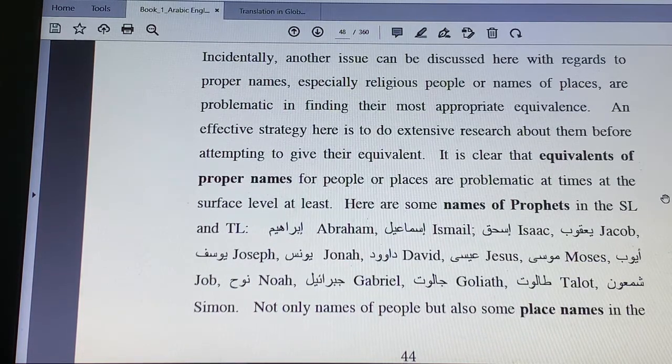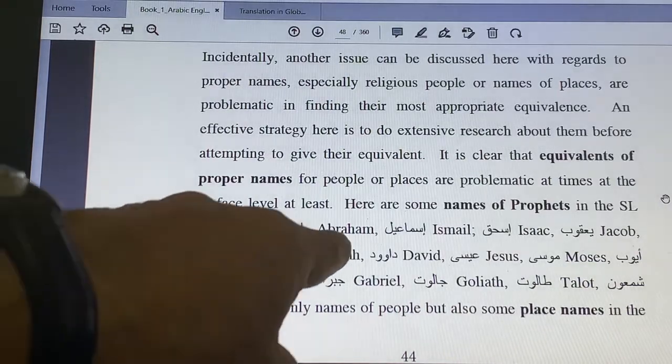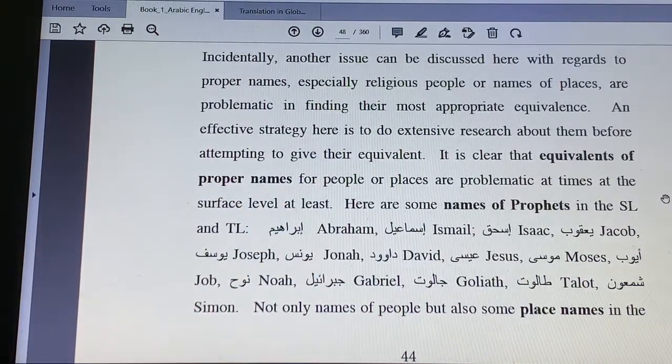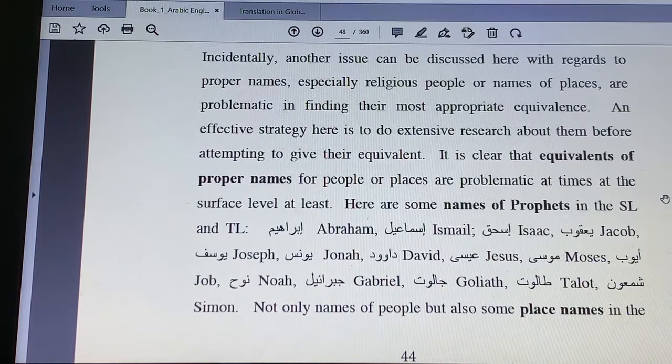So let's look at some of these names. As you can see, for example, Abraham in English and Ibrahim in Arabic, these are the prophets. Ishmael and Ismail, and Isaac and Ishaq, and Jacob and Yaqub, and Yusuf, Joseph, Yunus, Jonah, David, Dawood, and Jesus, Isa, and Moses, Musa, and Job is Ayub, and Noah, of course, is Noah, and Jibrail is Gabriel, and Jalut, Goliath, and Talut, and Shimon, Simon.